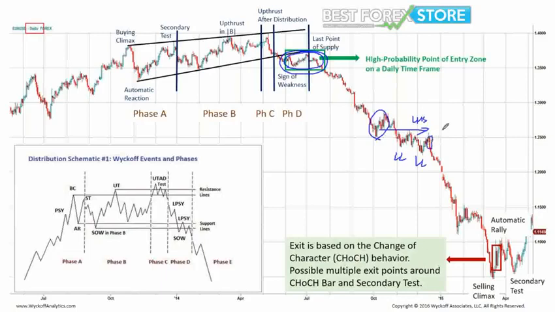This would be another area where we would enter this position again. This would not necessarily act as a change of character relative to this area right here, so we might even stay with this.